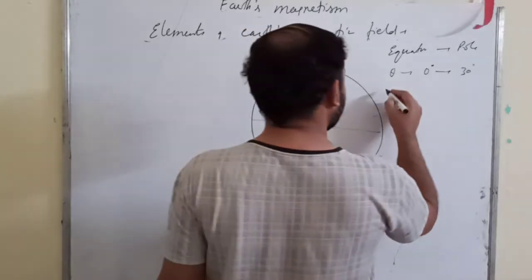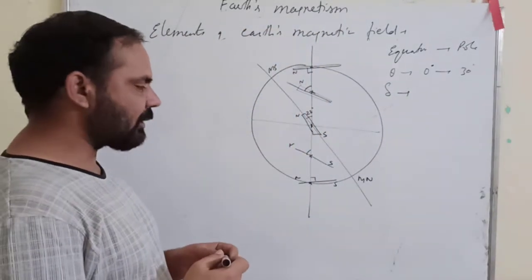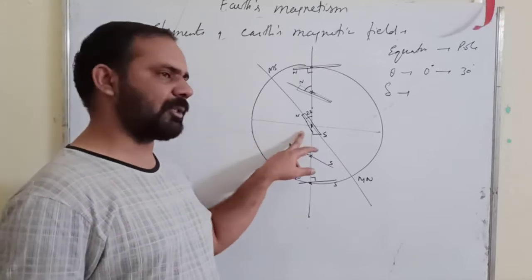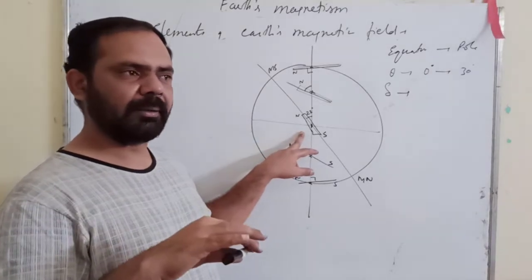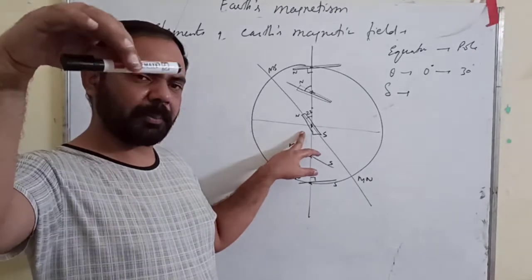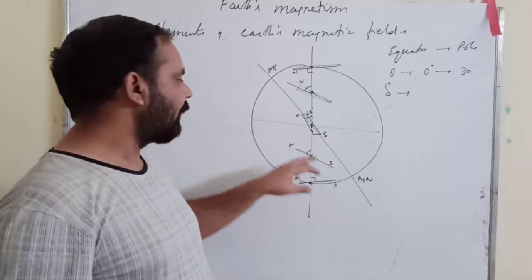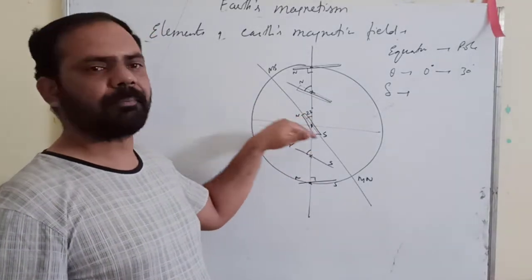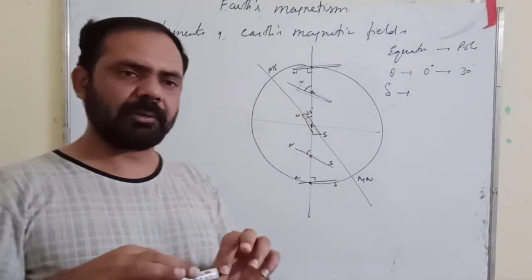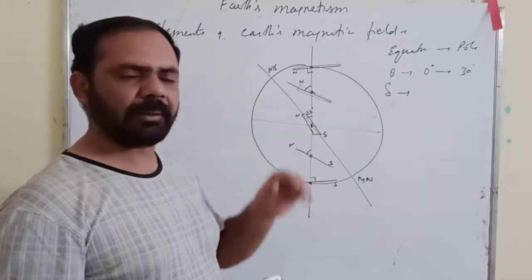Now what happens to dip? Again you can simply understand that if the person is standing on the equator, having a suspended magnet in his hands, the distance of both poles of the magnet from both magnetic poles of the Earth is equal.